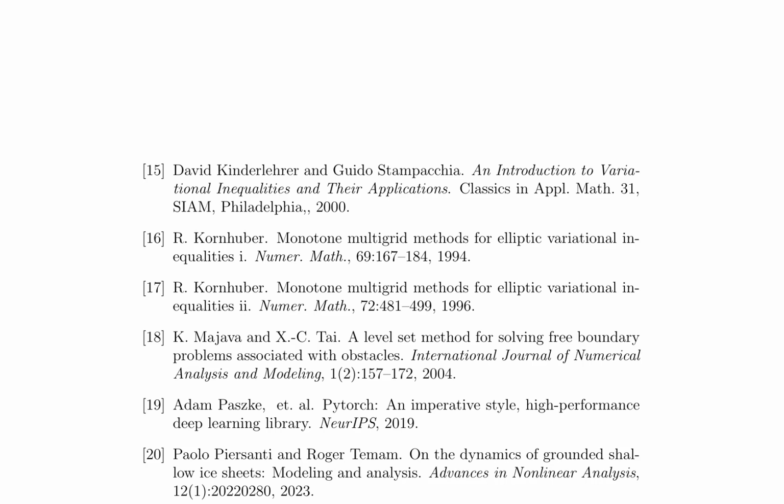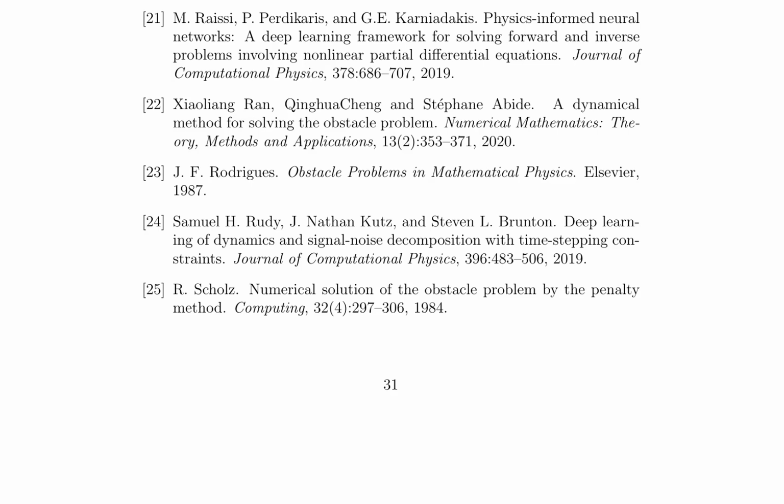The paper also references deep learning frameworks, such as PyTorch, and physics-informed neural networks, PINNs, for solving forward and inverse problems involving nonlinear partial differential equations. Additionally, it cites works on dynamical methods for solving obstacle problems in mathematical physics, and numerical solution of the obstacle problem by the penalty method.